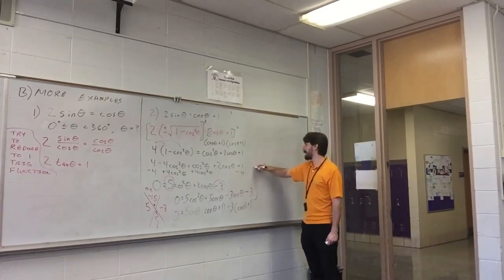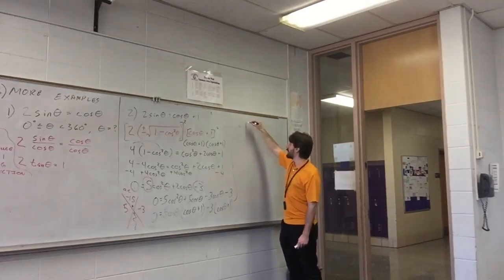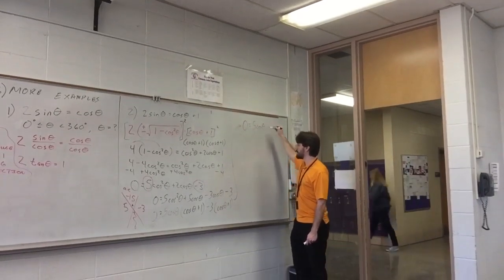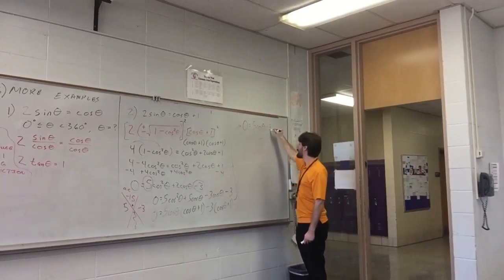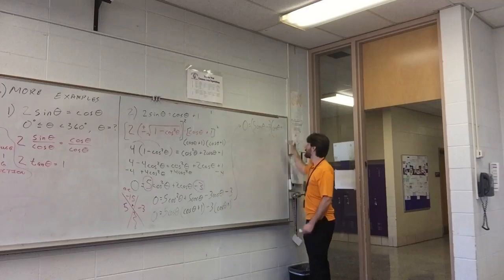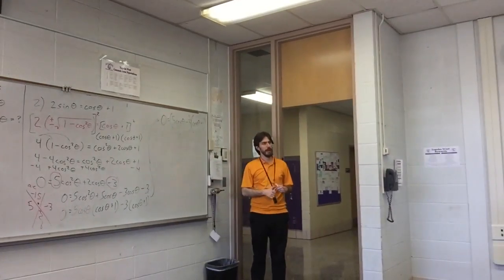Which means my factors are 0 is equal to 5 cosine of theta minus 3 times cosine of theta plus 1.